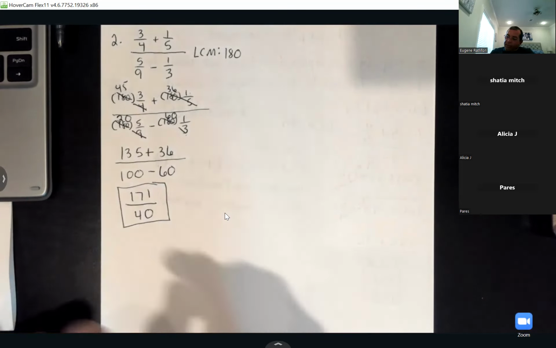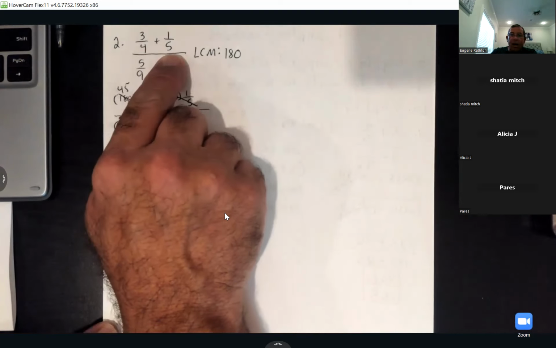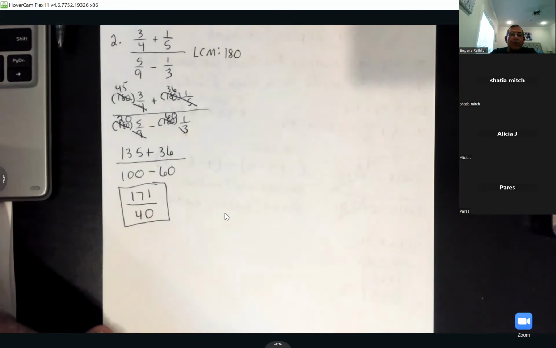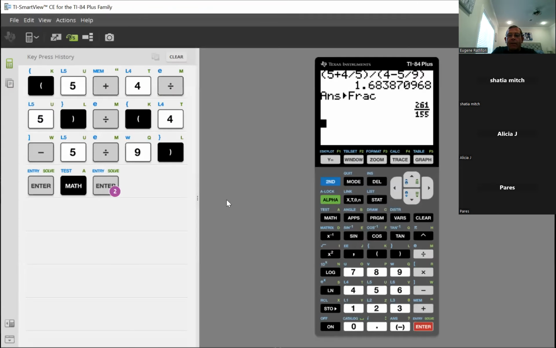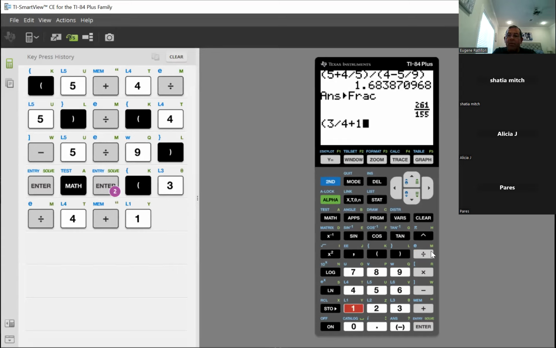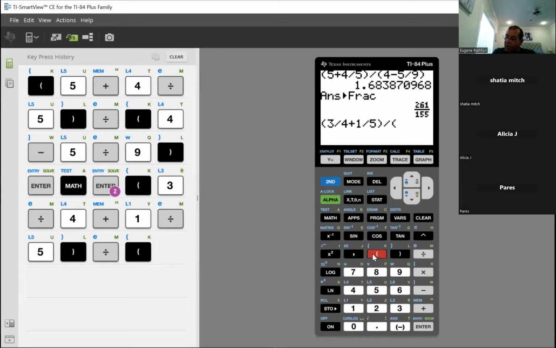Now, on this one, remember, put the top in parentheses. So let's go do this one on the calculator real quick. So I'm going to put the top in parentheses and do 3 divided by 4, plus, I had a 1/5, which would be 1 divided by 5. Close parentheses for that numerator, and then divide. Open parentheses for the denominator.